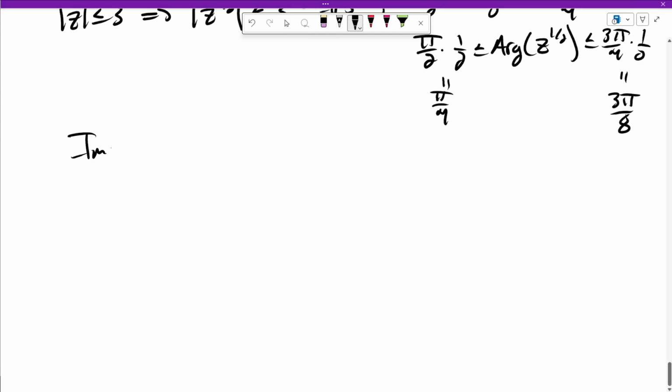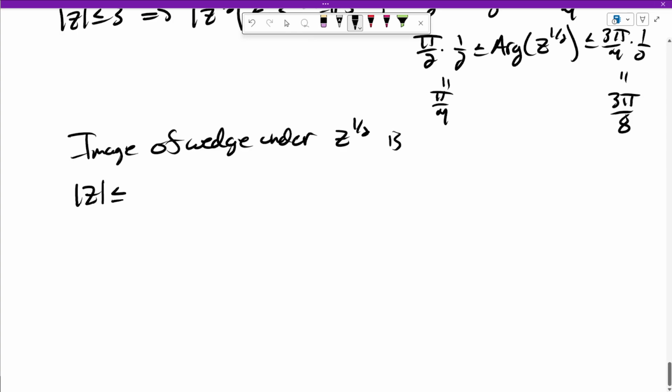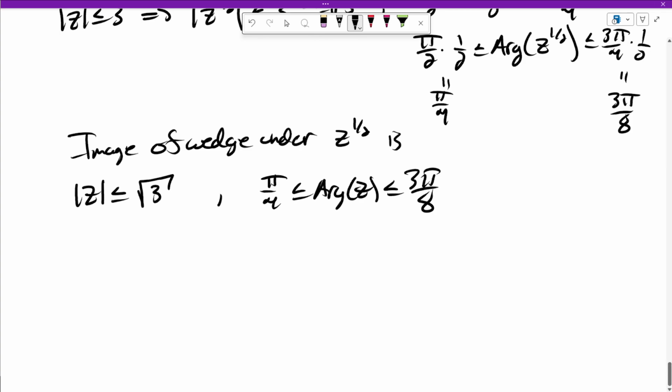So the image of the wedge under the principal root, so whenever we write this, we mean the principal root, is the circular wedge modulus z less than or equal to the square root of 3, and pi fourths less than or equal to the argument less than or equal to 3 pi eighths. The 1/2 stuff here is just to do the arithmetic. Once we've done it, we want to then describe the set using the variable that we're using in the plane.